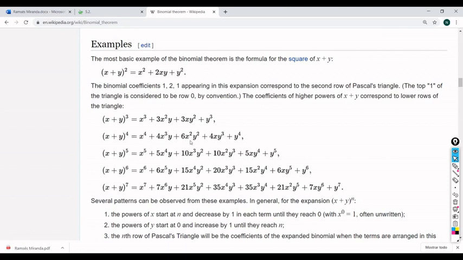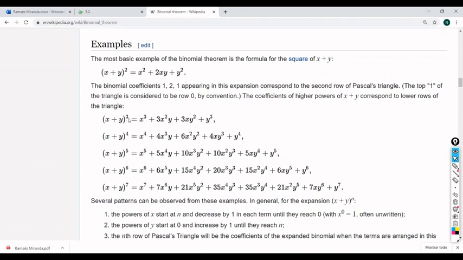What else can we see in here? If you look at all the terms, you can notice that the exponents in the x go downwards by 1. X to the cube, x to the second power, x to the 1, and x to the 0. And we always begin with the power, which is the same as the exponent in the binomial, okay?